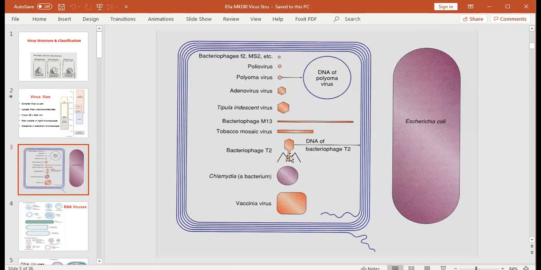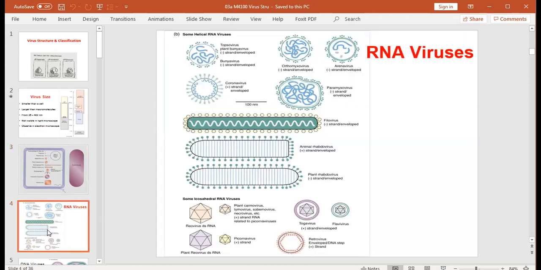These are viruses that infect bacteria, and also a comparison to vaccinia virus, which is one of the relatively larger viruses. So this slide just depicts a size comparison between bacteria and a series of viruses.